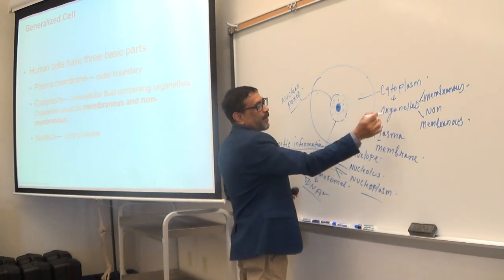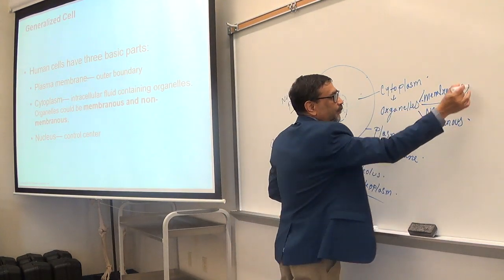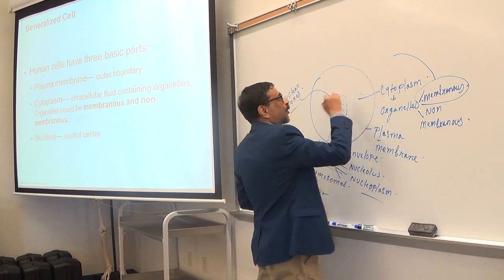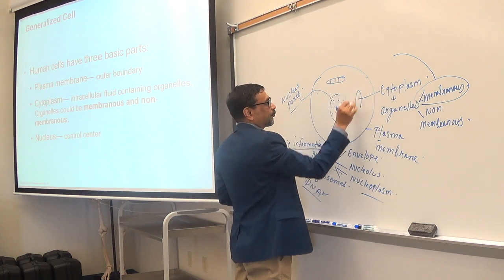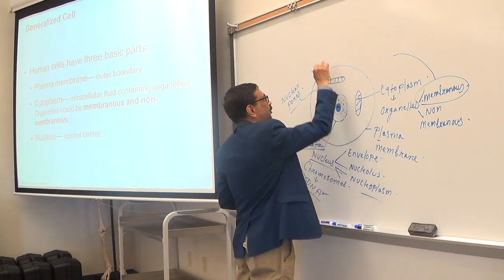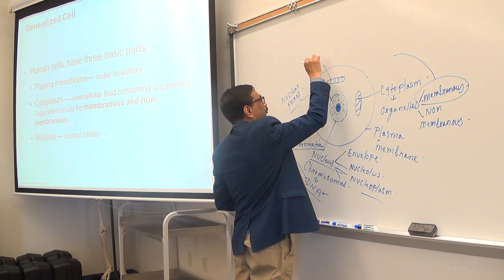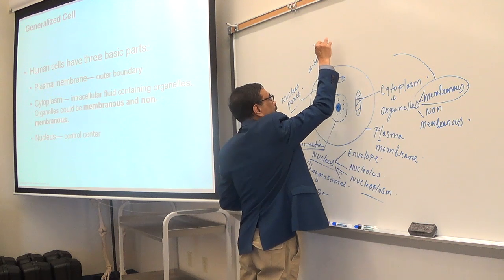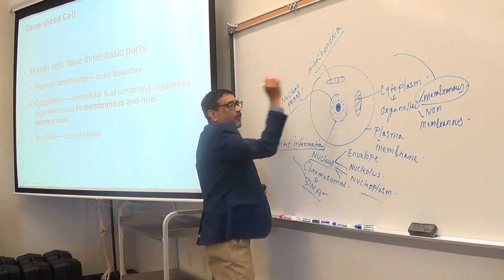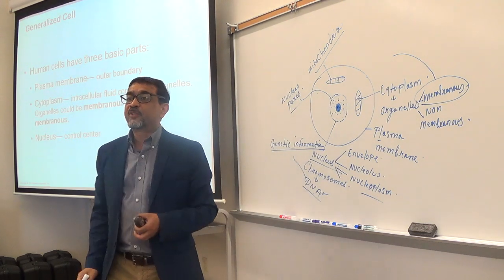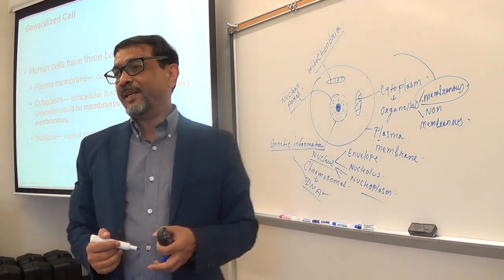So membranous organelles include mitochondria. Mitochondria produces plenty of ATP.